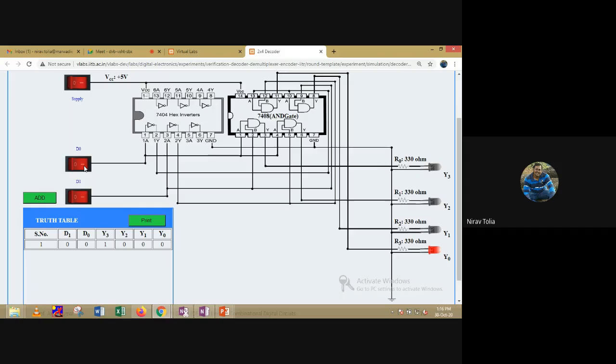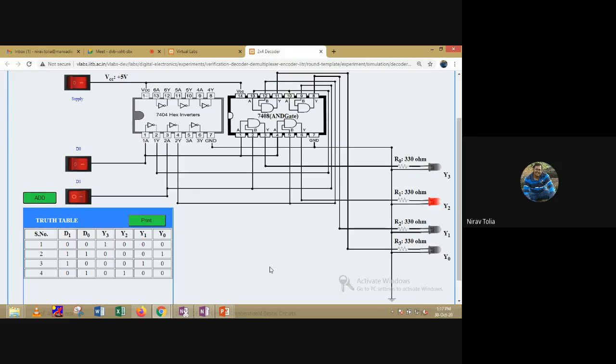For 1 1, my Y0 is activated, but instead of Y0, it must be Y3 when my input is 1 1. For 1 0, Y2 must be activated, but here it is Y1. And for 0 1, Y1 must be activated, but here it is Y0.